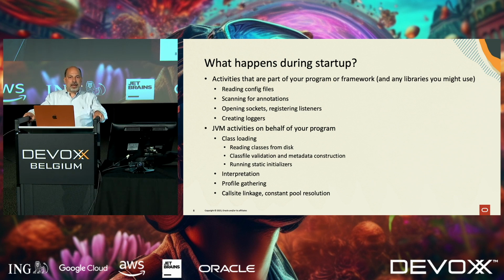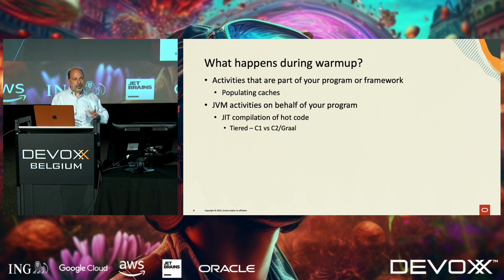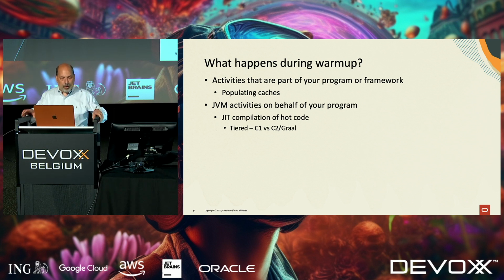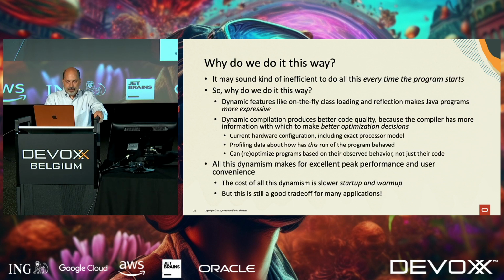All of these things happen at startup. And similarly, warm-up extends over a longer period of time than startup. We see the same split: there are activities that are part of the program that govern warm-up, like populating caches, and there are JVM activities like JIT compilation of hot code that affect warm-up.